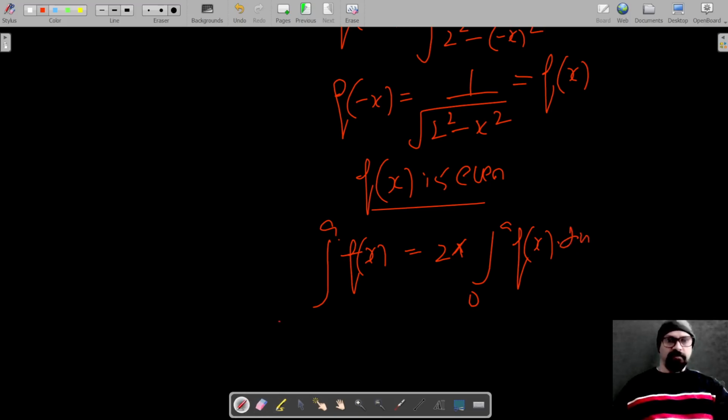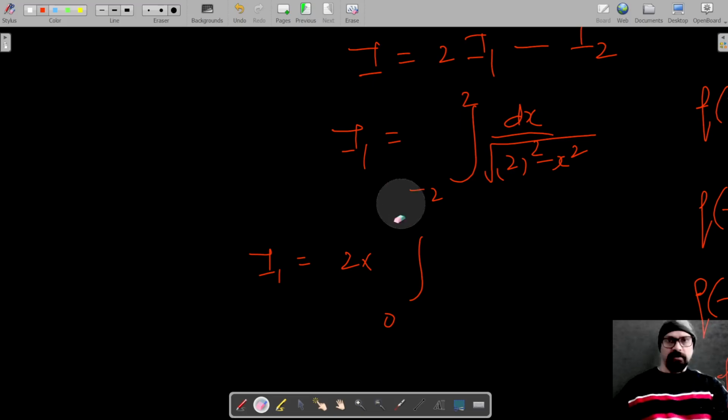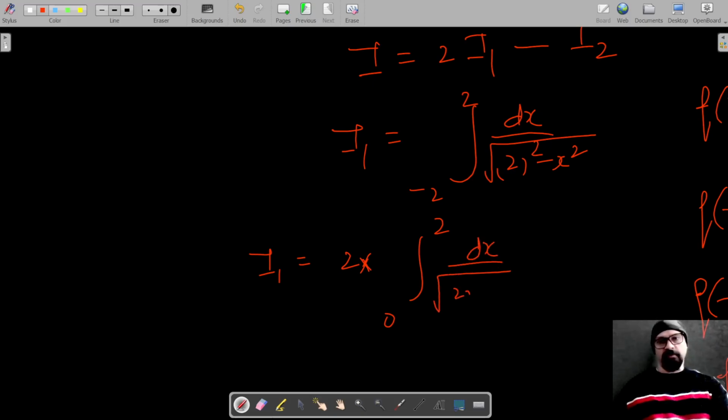So if the definite integral negative a to a f of x is even, which indeed this is, this can be written as 2 into 0 to a f of x dx. That means I can write this integral from negative 2 to 2, because this function is even, as 2 into the integration from 0 to 2 of 1 upon root of 2 square minus x square into dx.